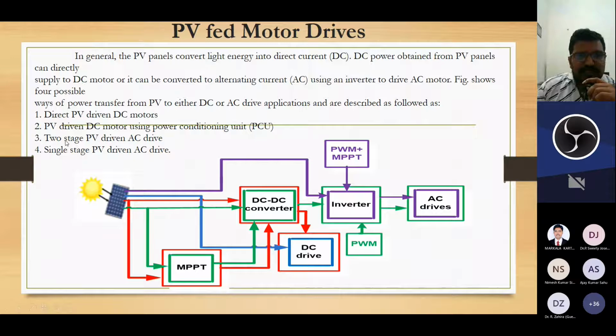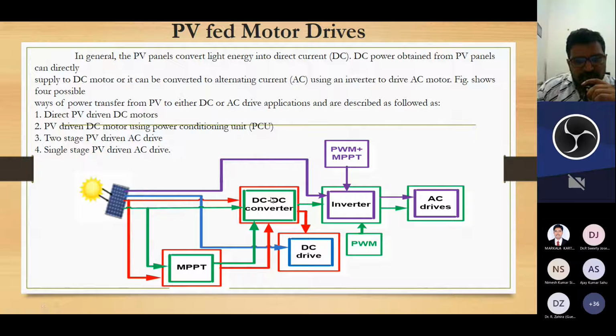Similarly, the third one is the two-stage PV driven AC motor drive. Here AC drives can be driven with the help of the PV system, where you have to convert the DC power from the PV system to AC with the help of an inverter. There are two possible ways to convert the DC power for the AC drive: using a single inverter, or you can go for a two-stage system.